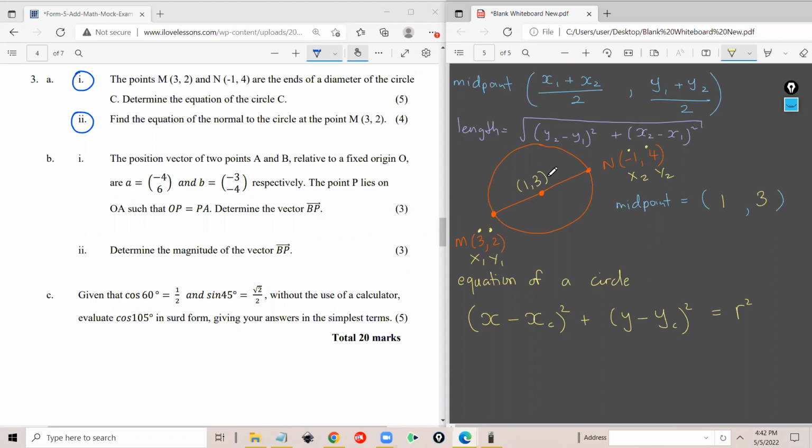So from that, I think you should probably try to get a length from here to here, which is your radius. Use the purple formula, please.